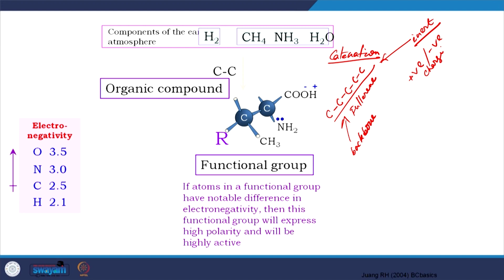You will see that oxygen and nitrogen are way more electronegative, oxygen being the highest at 3.5 and nitrogen at 3. Very interestingly, oxygen and nitrogen both could contribute as negative charge providers. So, what do we need? We need a positive charge provider.